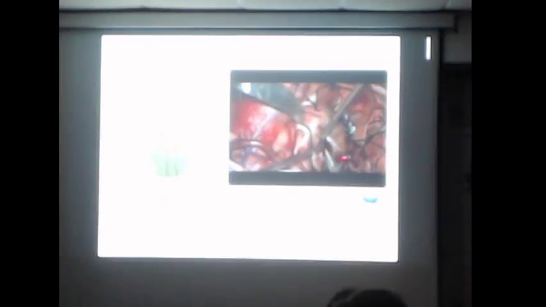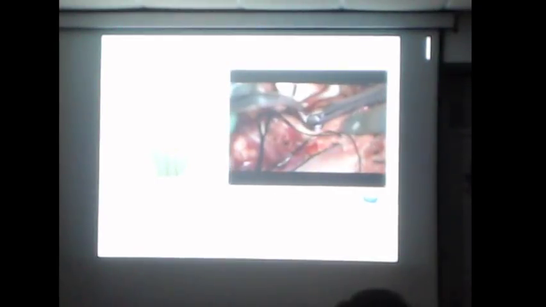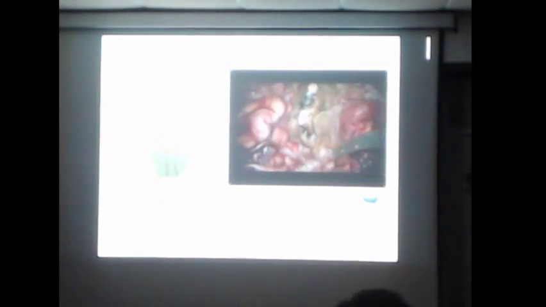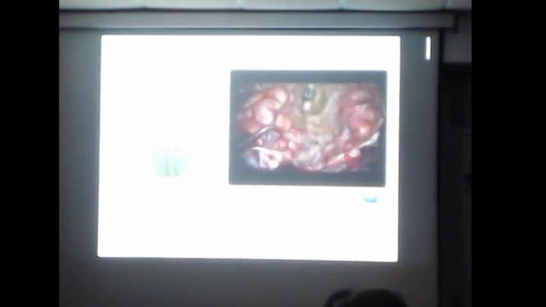After that, the aneurysm is cut, but it is very hard. So the organized clot is removed using the CUSA. After that, the temporary clip is replaced with the permanent clip.